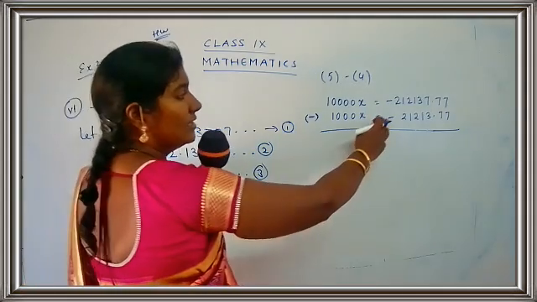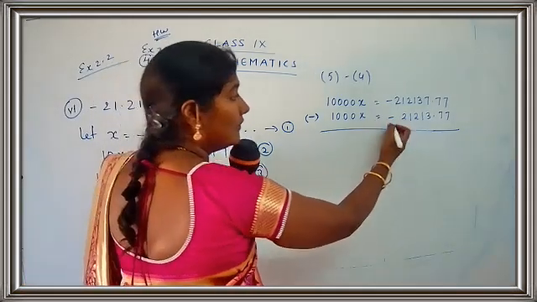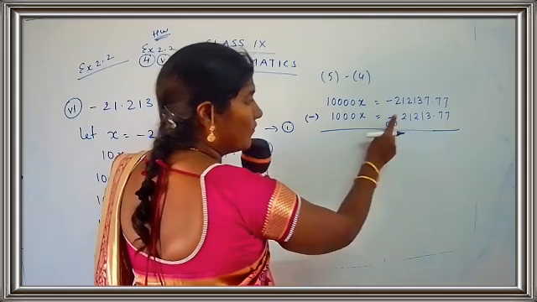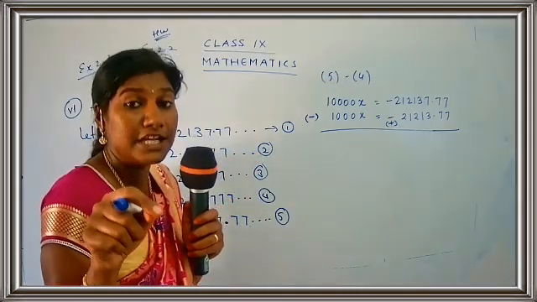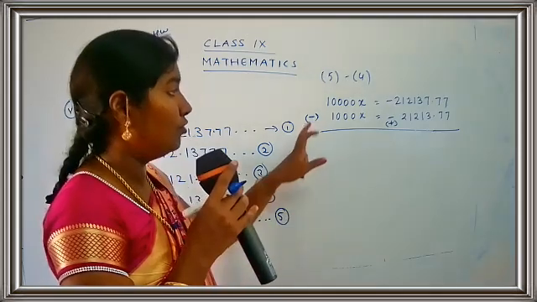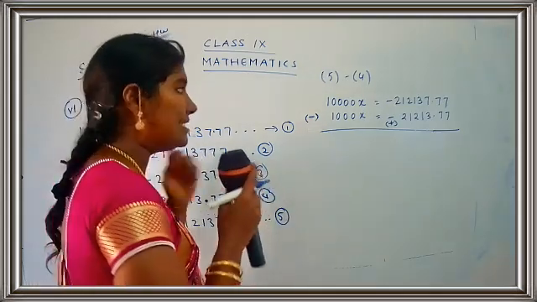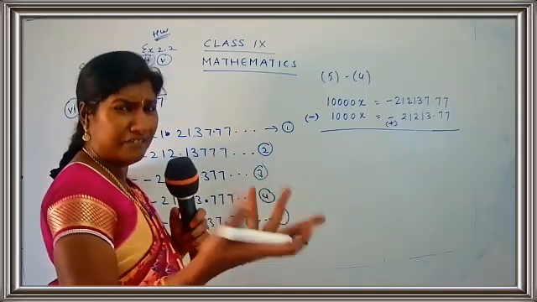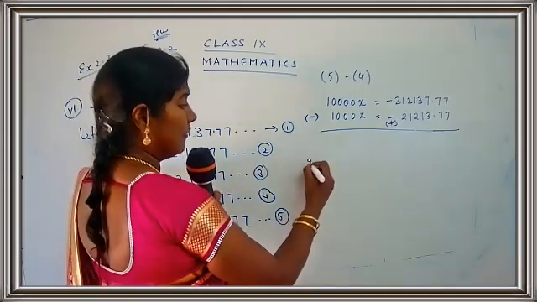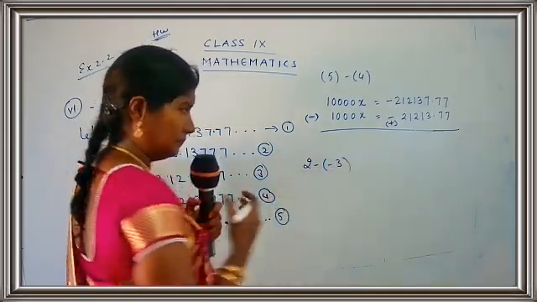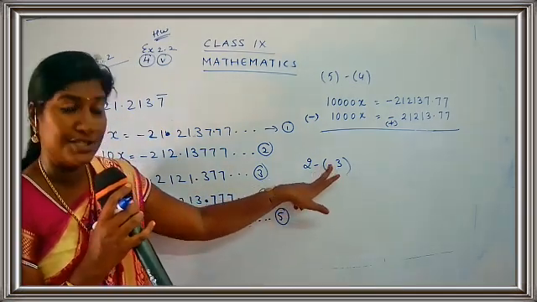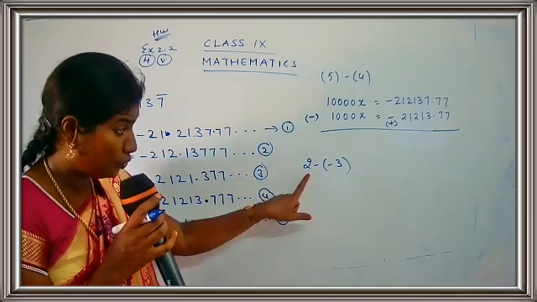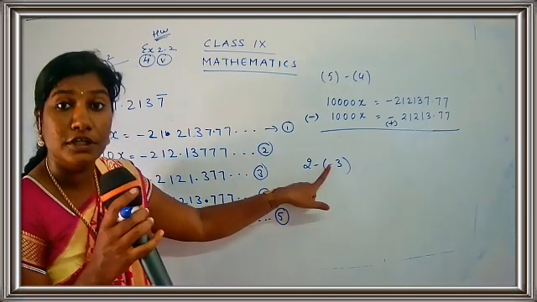So what is the sign here? It is minus, so it will turn to plus. Why is it changing to plus? Because you are going to do the subtraction. This is just a rule that we have used in integers. If we do 2 minus of minus 3, 2 minus minus will turn to plus.